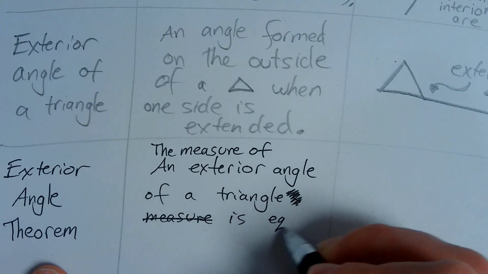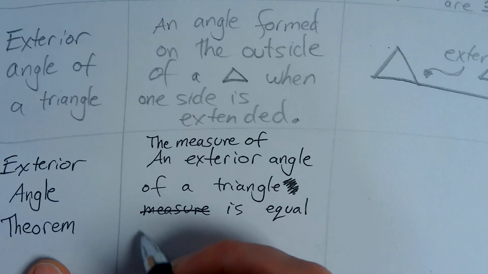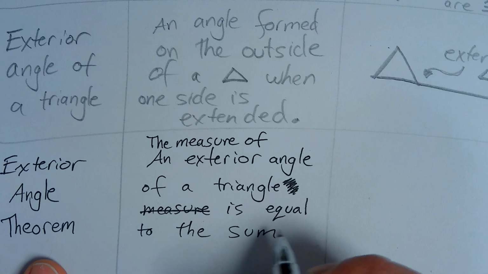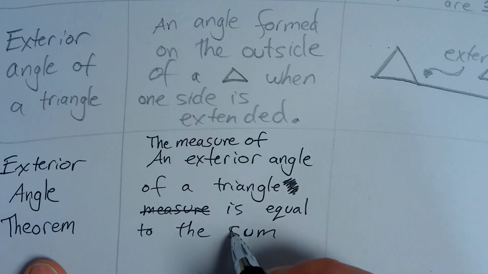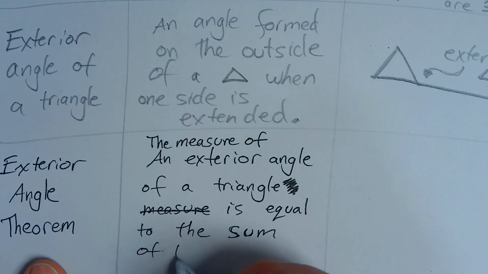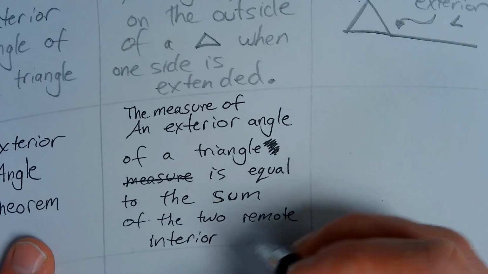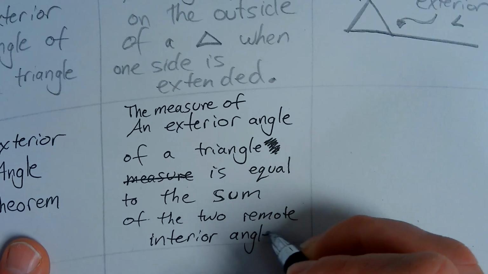is equal to the sum, which means add them up, the sum of the two remote interior angles.